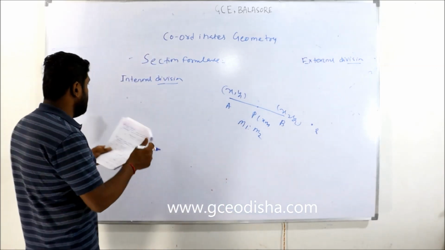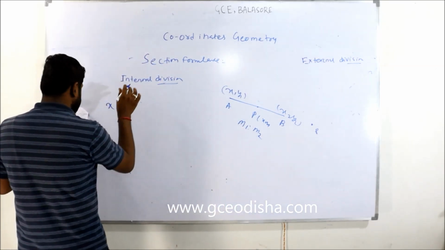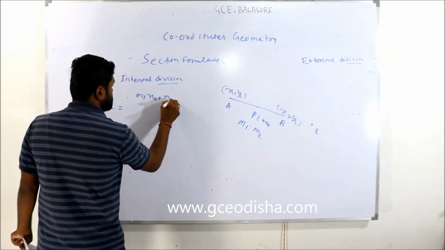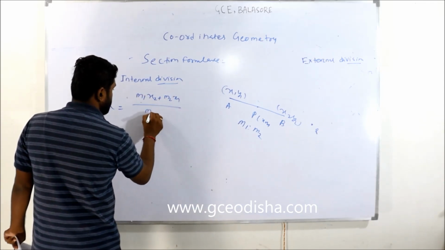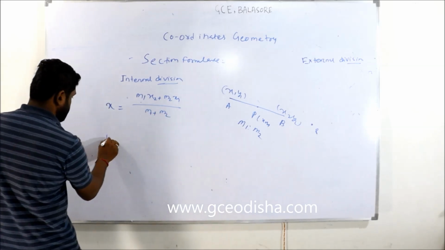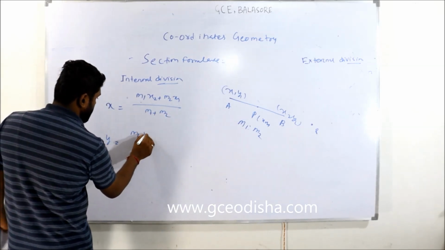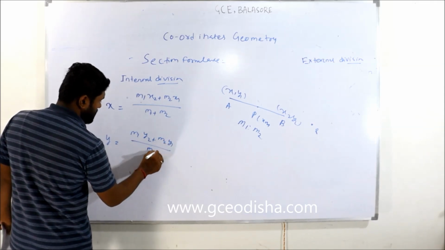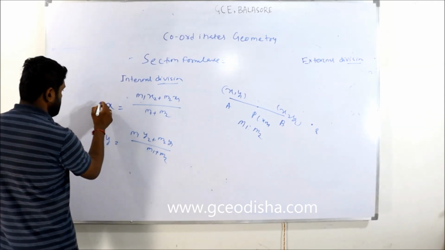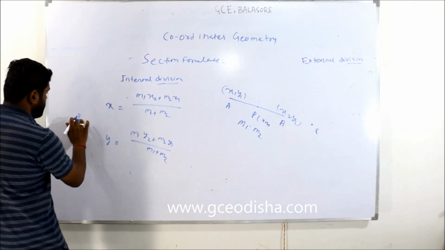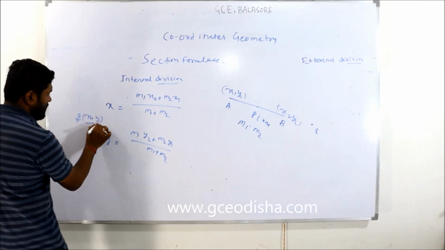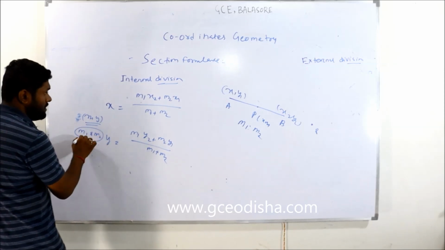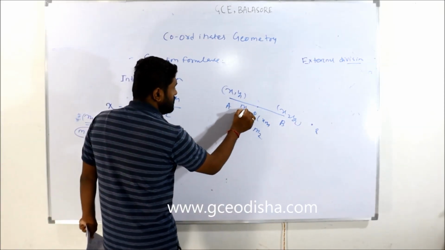In case of internal division, x is m1 x2 plus m2 x1 divided by m1 plus m2. For the y coordinate, m1 y2 plus m2 y1 divided by m1 plus m2. This is some point xy, and m1 and m2 are the ratio.